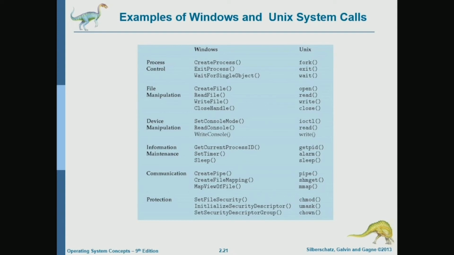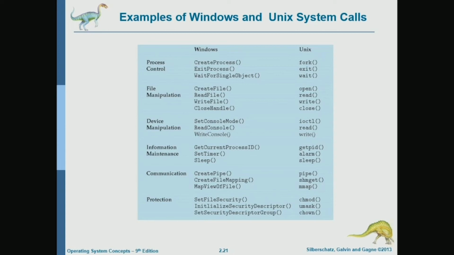So there are some differences. We will look at those. But in the assignments, we will use fork. Waiting, so we will be using wait for single object and wait on Unix. We will be using wait in the assignments. Create file, the corresponding system call on Unix is open.